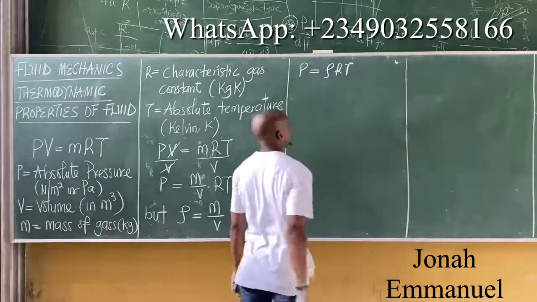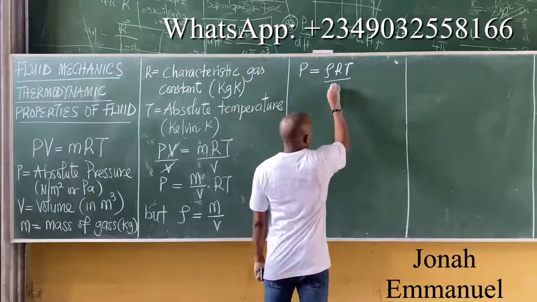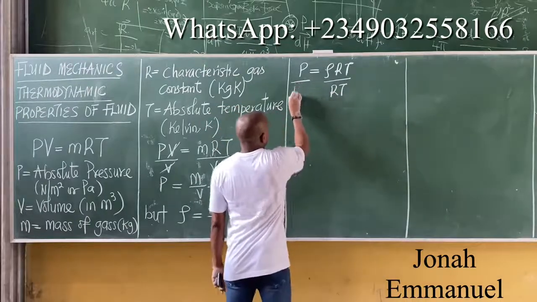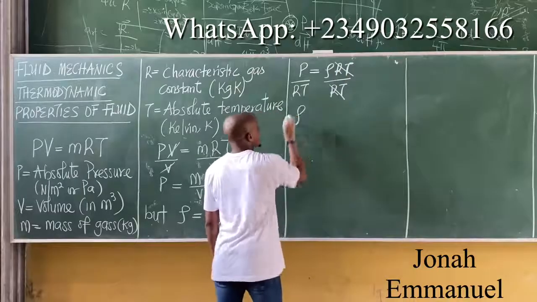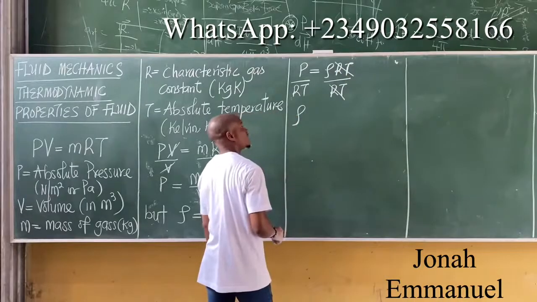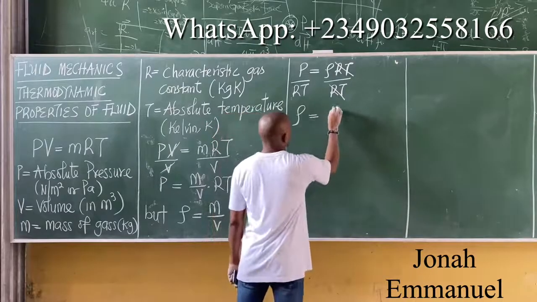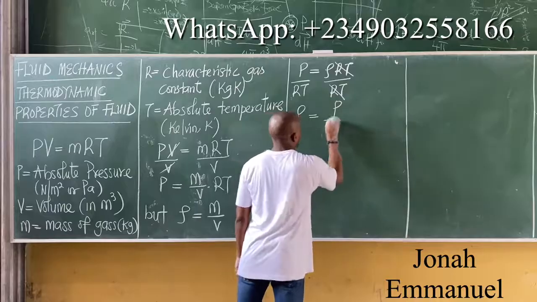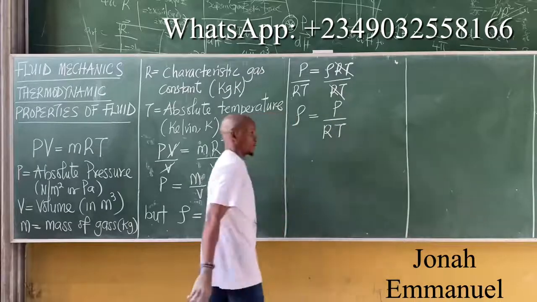Let's make mass density the subject of the formula. Divide both sides by RT. This cancels this. So we have that mass density, in terms of thermodynamic properties of fluids, is equal to pressure all over characteristic gas constant times temperature.